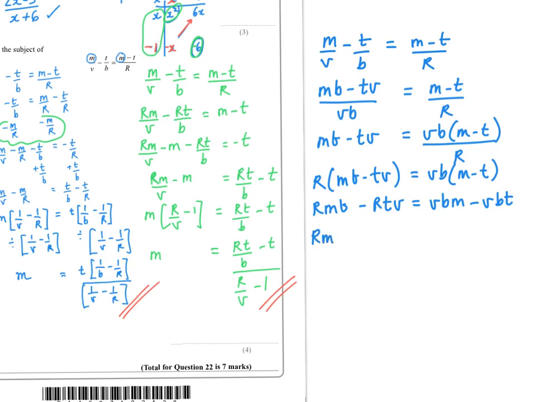So I'll have RMB minus VBM minus RTV equals minus VBT. And then I'm going to add this term here to both sides.